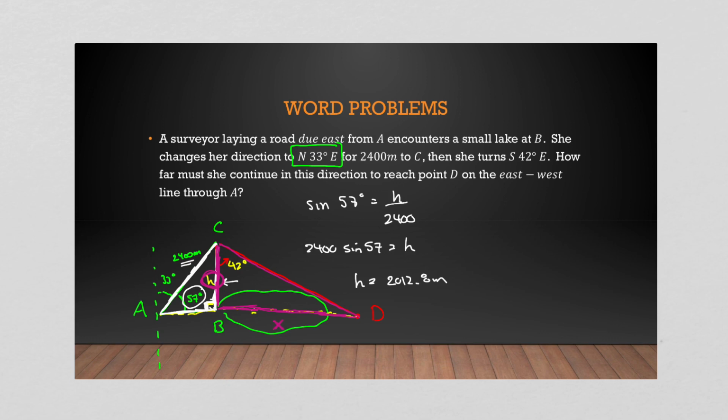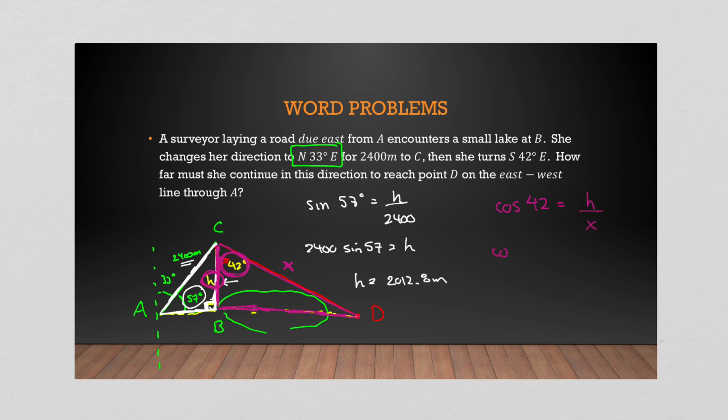Or sorry, we don't want to know that value. We want to know how far down C to D she has to travel in order to connect. So we want to know this value. So again, now we need the hypotenuse, but if our angle is in here, we have the adjacent side. So we have cosine of 42 degrees is equal to h over x.